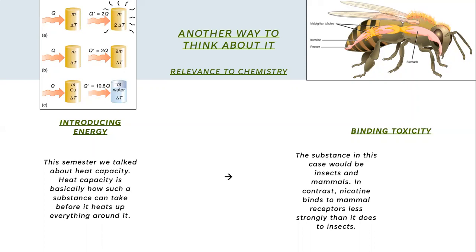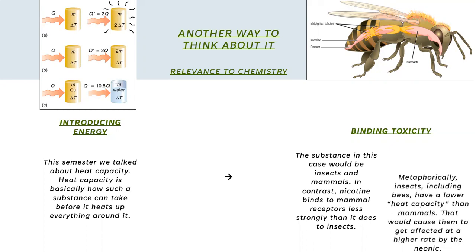Nicotine binds to receptors of the nervous system, but it doesn't bind to mammals' nervous system as strongly as it does to insects. So metaphorically, insects, including bees, have a lower heat capacity than mammals. That will cause them to be affected at a higher rate by this neonic.